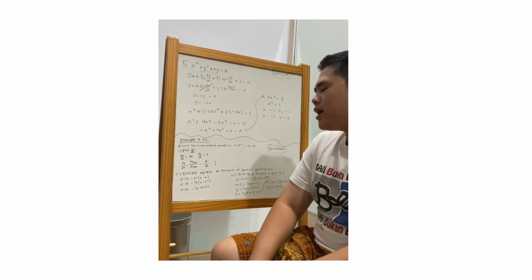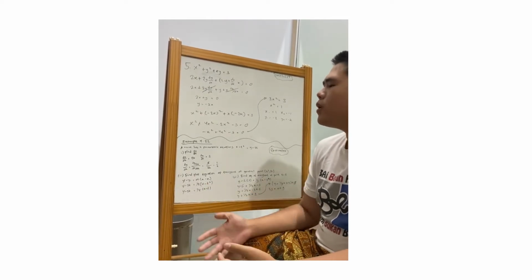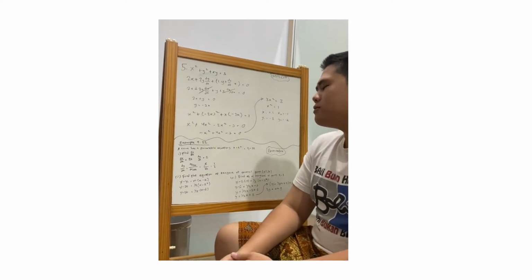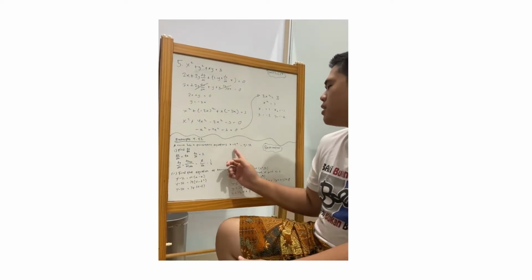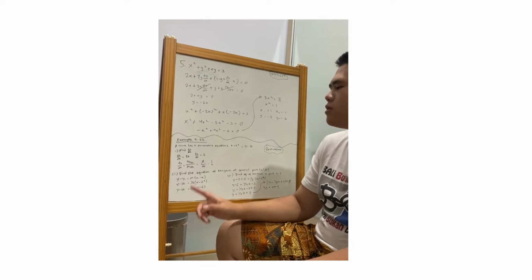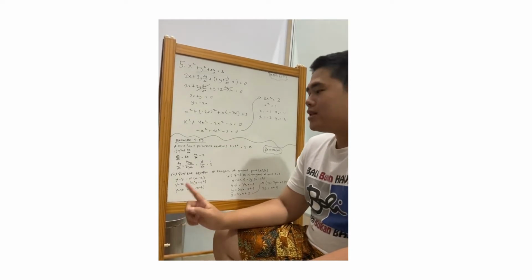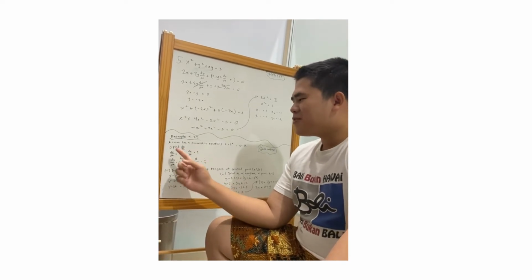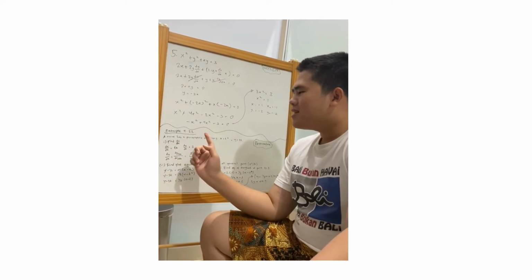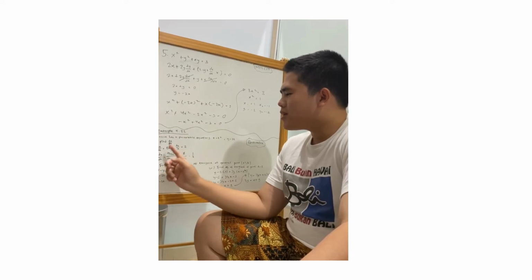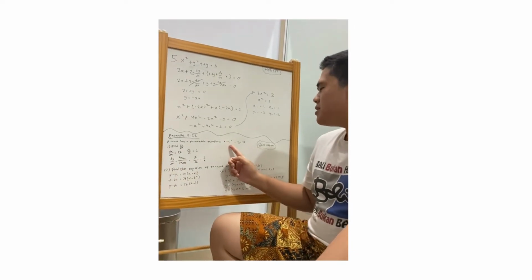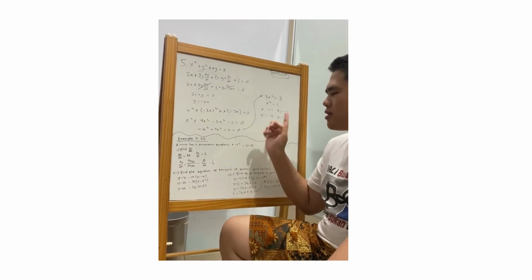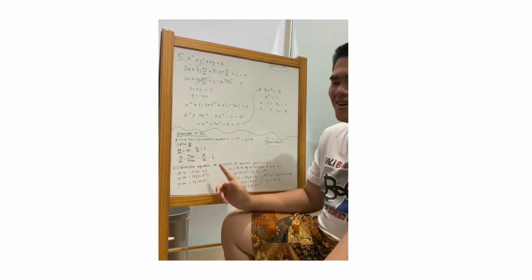For the first part, we need to find dy over dx. How to find dy over dx? First, we need to differentiate x and y to get dx over dt and dy over dt respectively. For dx over dt, we write it as 2t because it is t squared, so the square moves to the left and it becomes 2t.